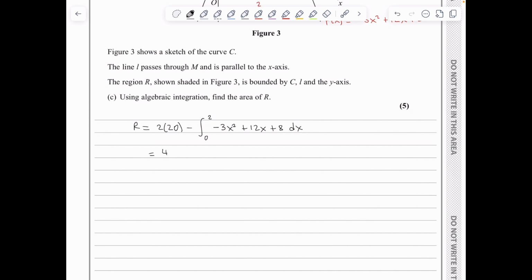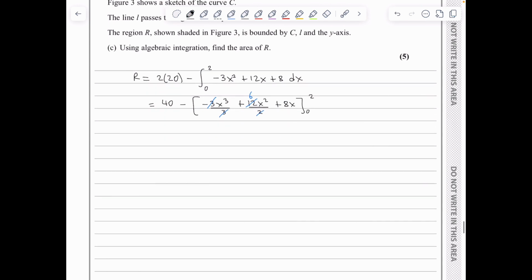So we're looking at 40 minus, and I've got minus 3x cubed over 3 plus 12x squared over 2 plus 8x, and the limits are 0 and 2. We notice that the 3 with the 3 will cancel out. The 12 with the 2 will leave me a 6 in the numerator. So we're looking at 40 minus the negative x cubed plus 6x squared plus 8x, and the limits are 0 and 2.